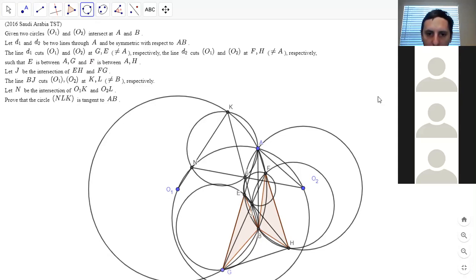No, that's not cyclic. Yeah, these are hard problems today.